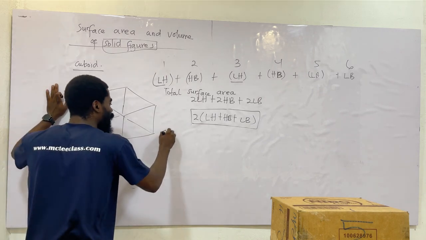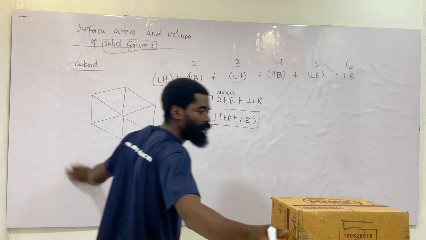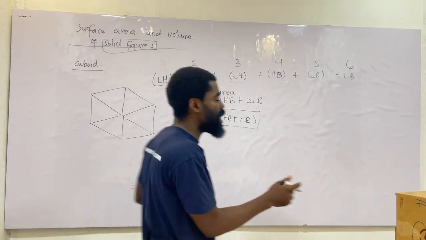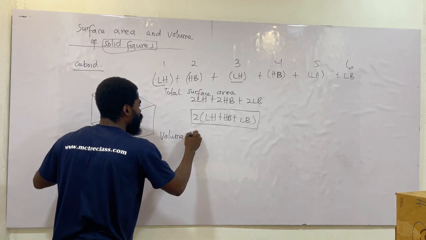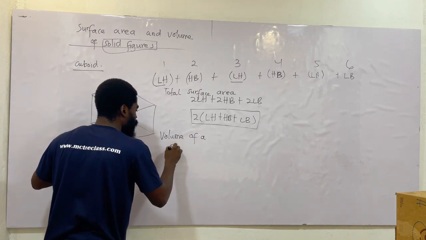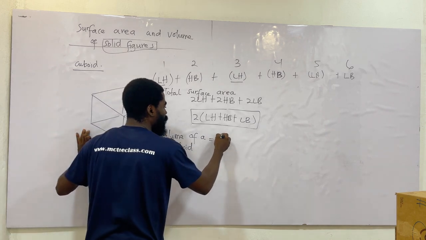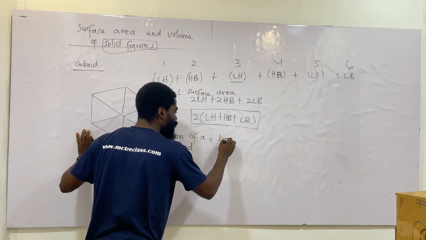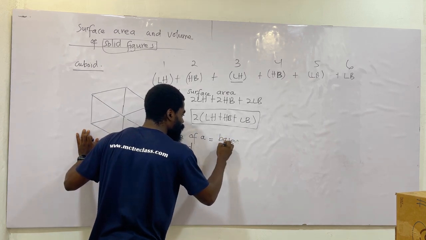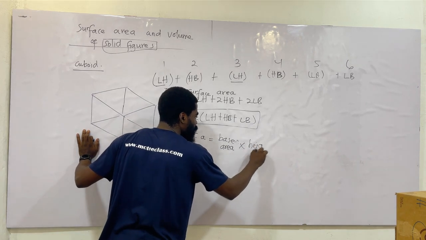Then let's look at the volume. Like I said, volume is the base area times the height. So the volume of a cuboid equals the base area times the height.